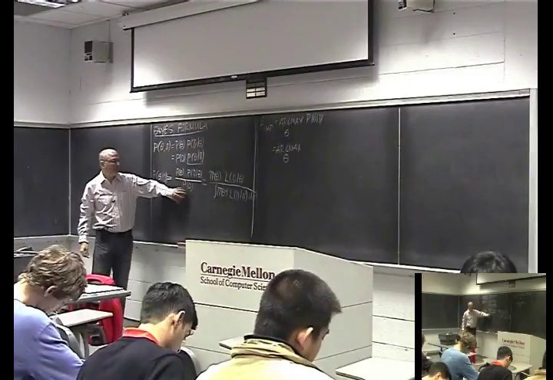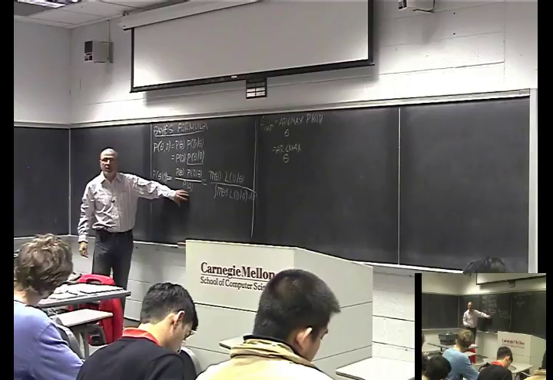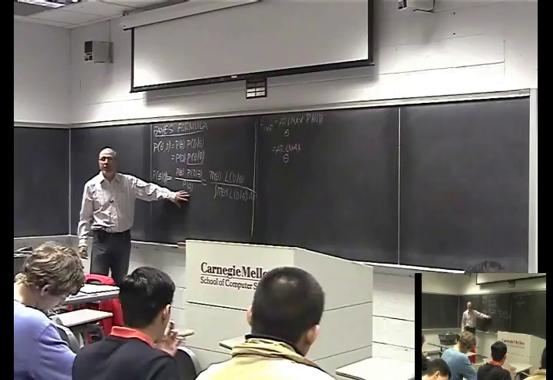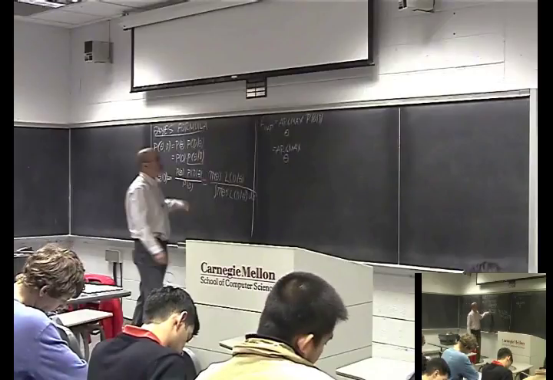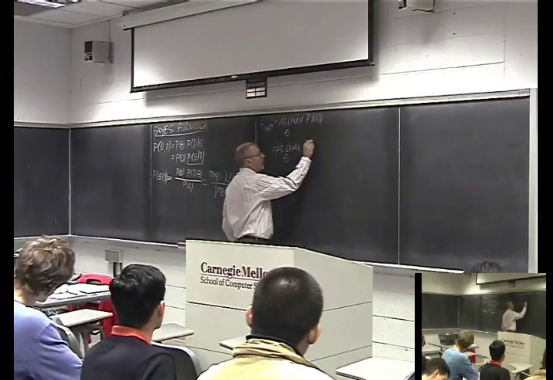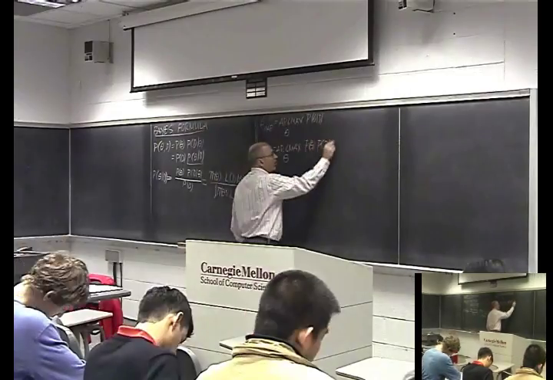But in this thing, P of D is a constant with regard to what we're maximizing over. It does not depend on theta, so it ends up depending just on this product, P of theta times P of D given theta.